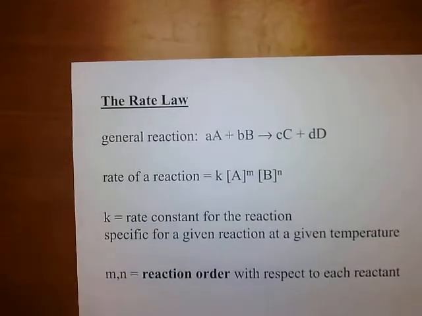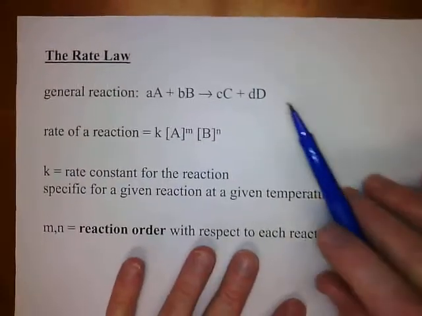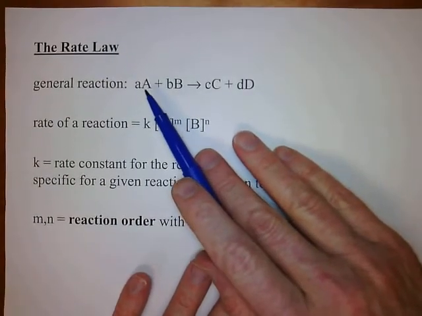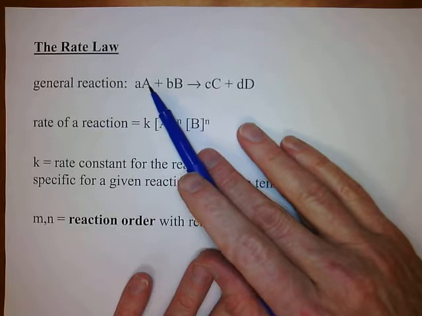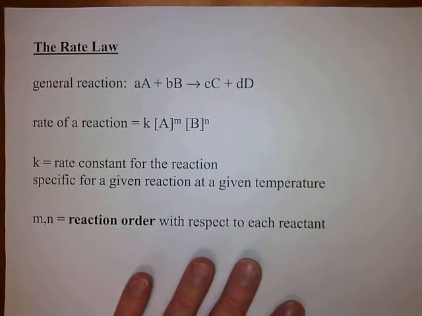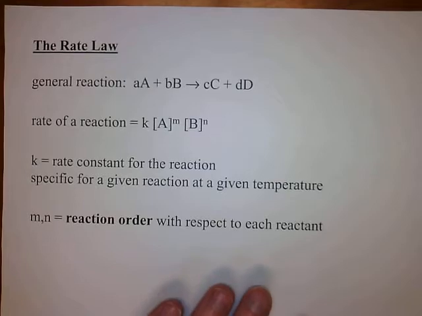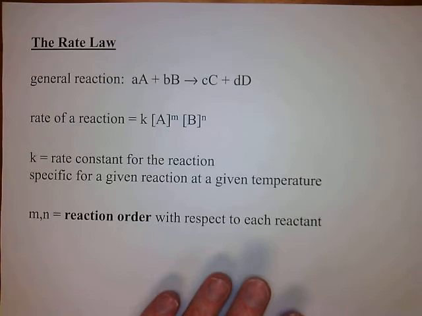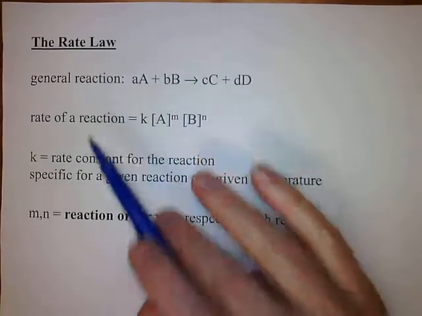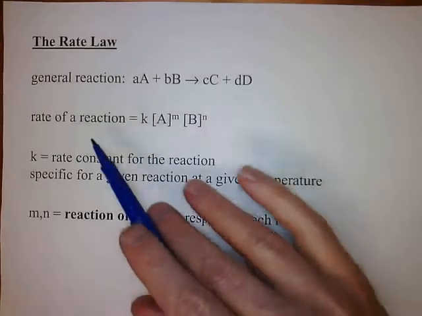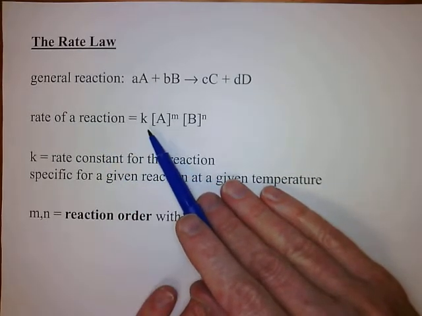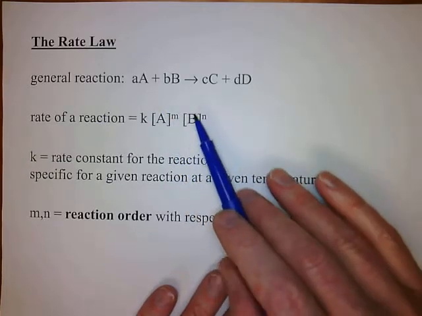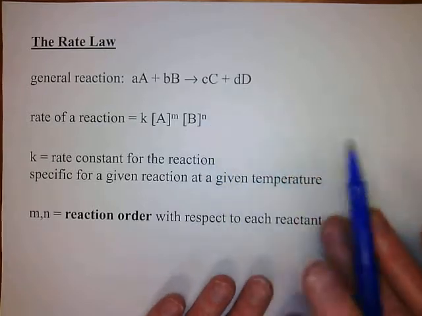So if we take a general reaction, aA plus bB makes cC plus dD, the capital letters would represent formulas, and the lowercase letters would represent the balancing coefficients in the equation. Then your rate of reaction, it turns out, is going to be equal to some constant K times the concentration of A raised to some power times the concentration of B raised to some power.